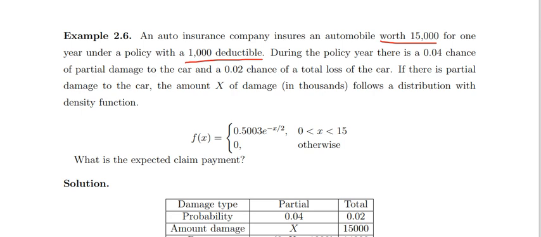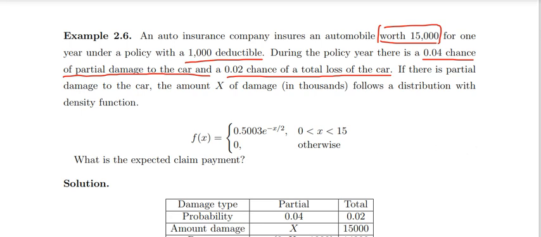During the policy year, there is a 0.004 chance of partial damage, and some chance of total damage. If total damage happens, how much will insurance pay? They pay the whole but you need to pay the deductible, so actually they will pay $14,000. The $1,000 they will not pay.